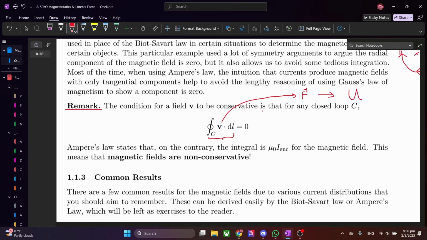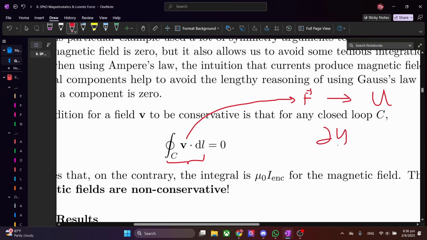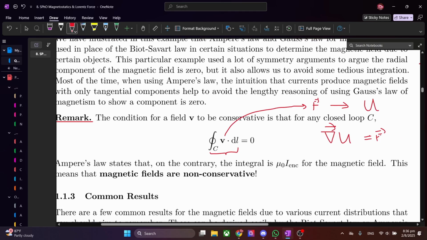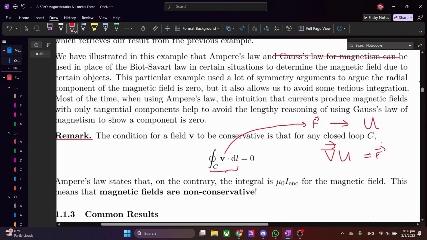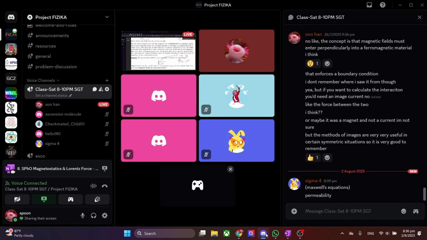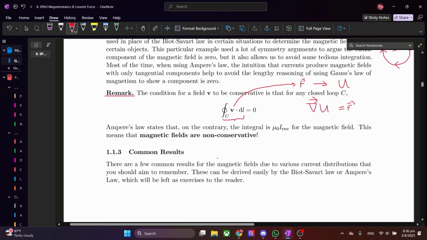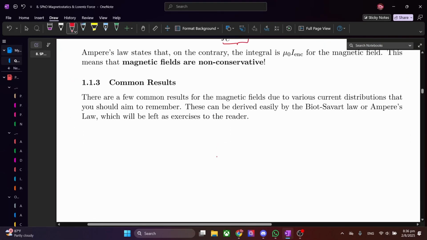It just means you cannot really define a potential energy for the magnetic field per se in that traditional sense, where you can define a potential energy for a force, because you can take the derivative of the potential energy and you get force. It kind of just means your derivative. But you can't really do that for magnetic fields, so you don't really have an associated magnetic energy per se. But you don't really have to think too hard about this. It just means that it's a little bit weird.